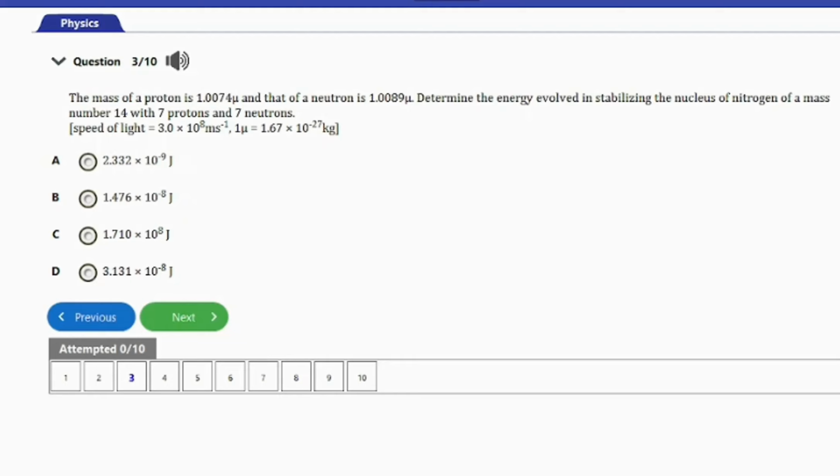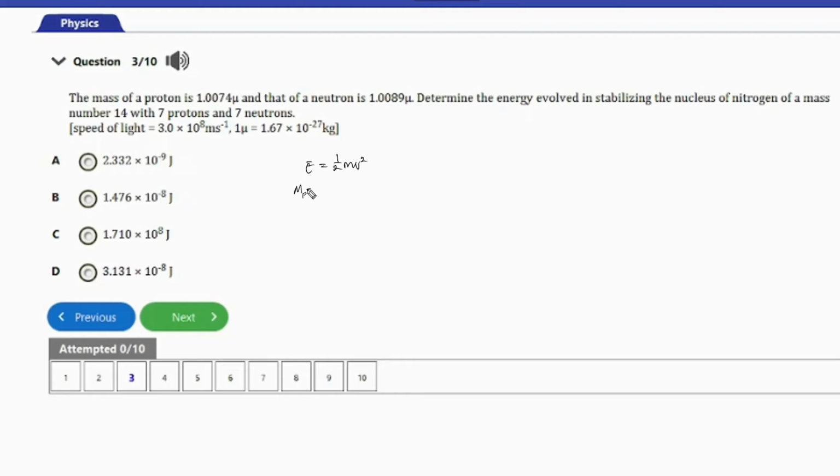So guys, for this here, we are going to recall that the energy will be half mv squared. So in order to get the mass, we'll get the mass of the proton here and as well the mass of the neutron here.